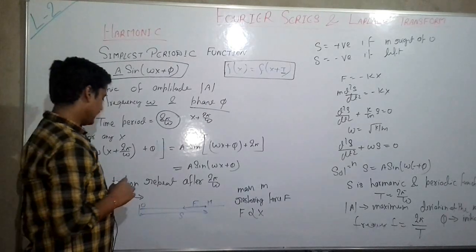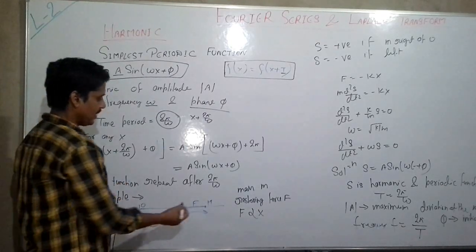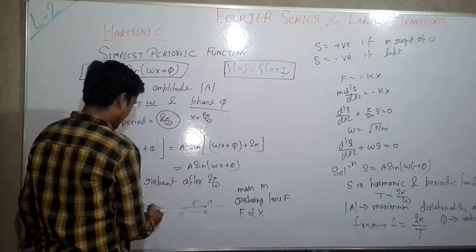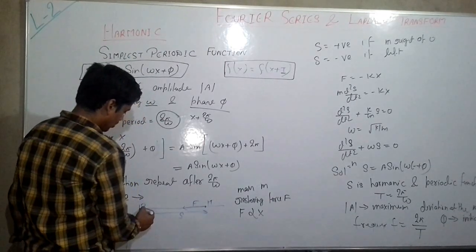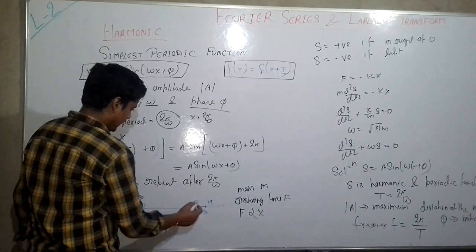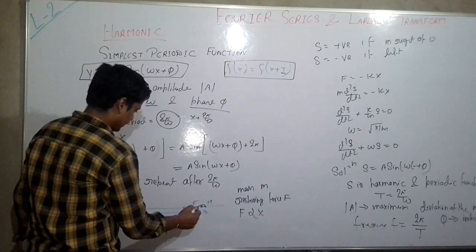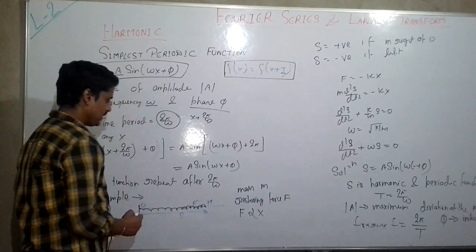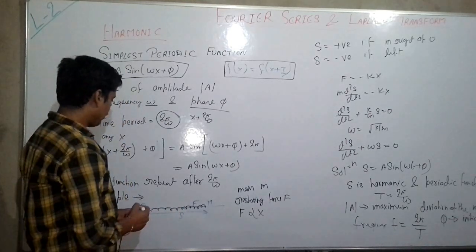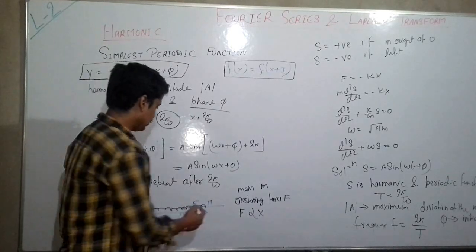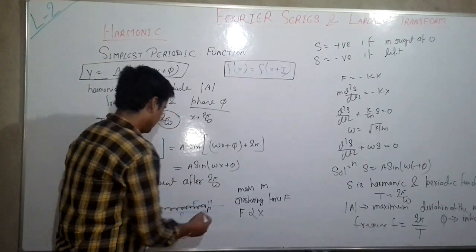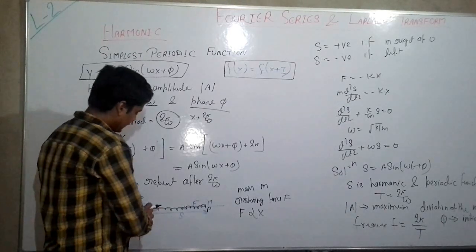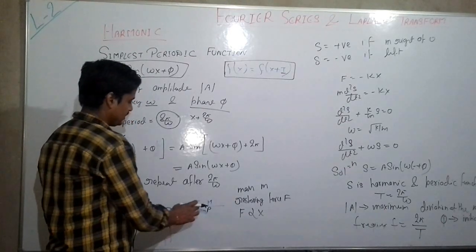So let us take an example of a mass m attached to a spring, and this is the origin O. The spring is stretched from point O to this position P, and this OP is S. So there is a positive displacement.